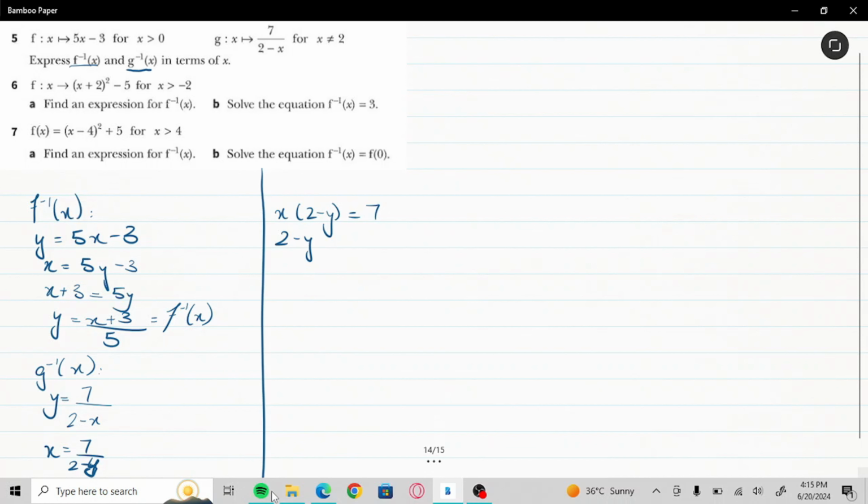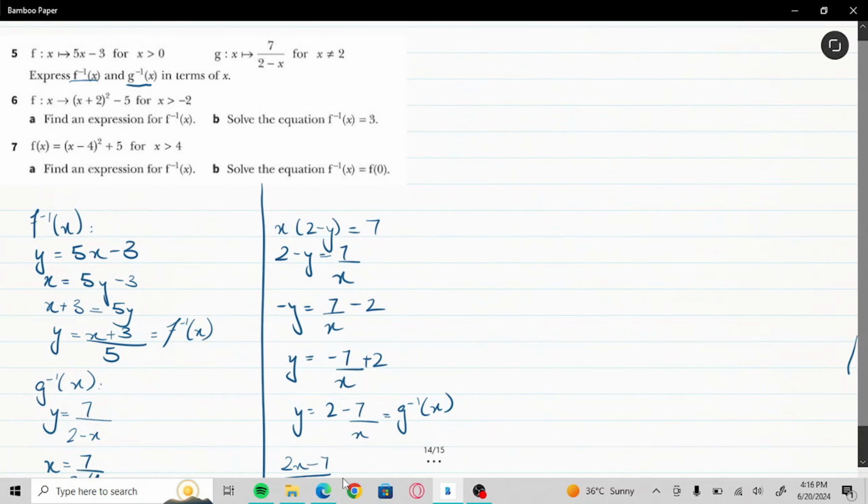So 2 minus y is equal to 7 upon x, so y is equal to 2 minus 7 upon x, which is equal to g inverse of x. And that's our answer. We can also simplify this by taking the common LCM: (2x minus 7) upon x.